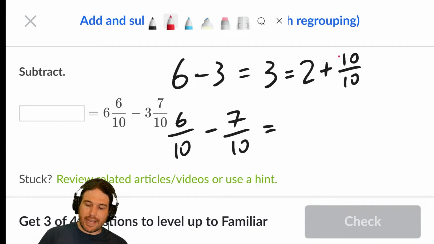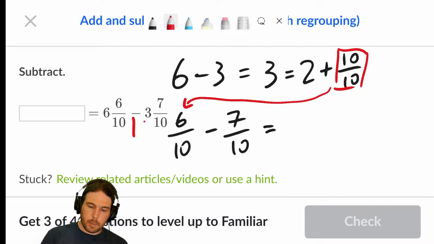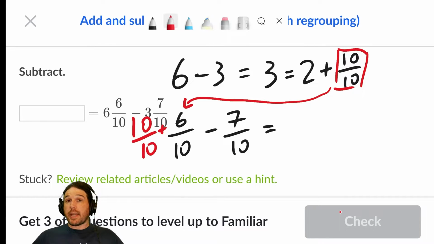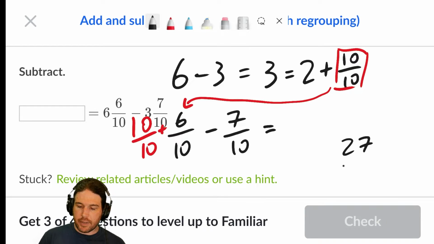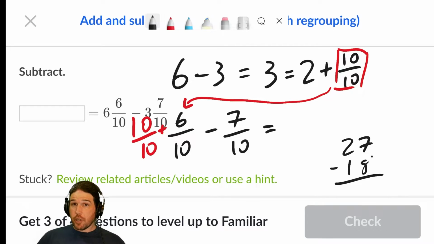And we can take that 10 over 10 and come to the rescue with it, essentially. And again, this is exactly the same as if I'm doing 27 minus 18, yeah? 7 minus 8 would be a negative number. We don't have that, so we take away 10 from the 20 and add it to the ones place to get 17 minus 8 is 9.